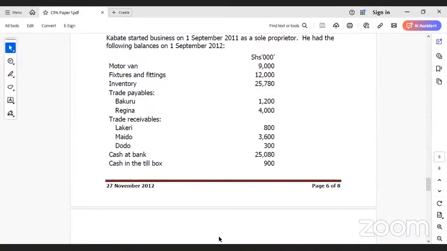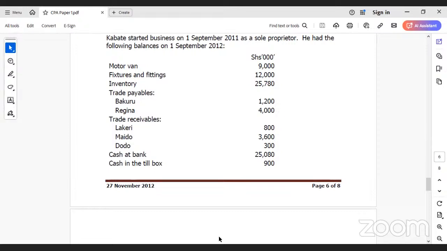Okay, so you confirm under the trade payables, do we have accruals account? Confirm whether we have that account.